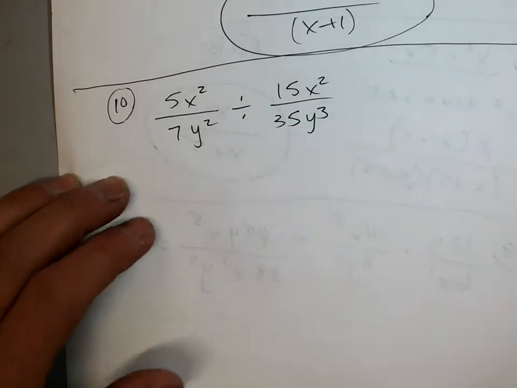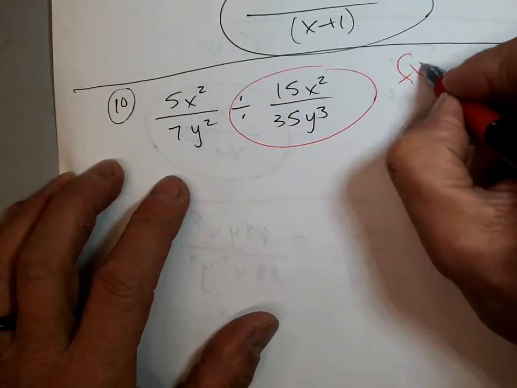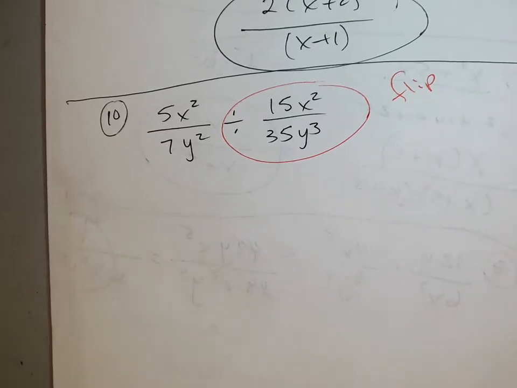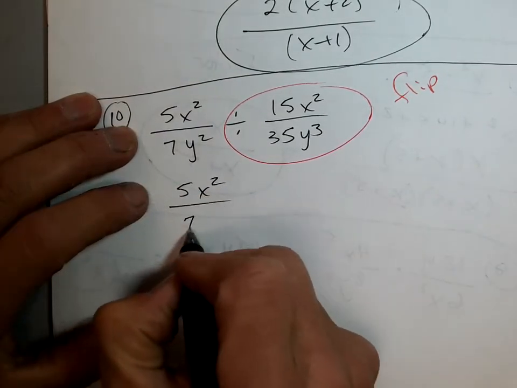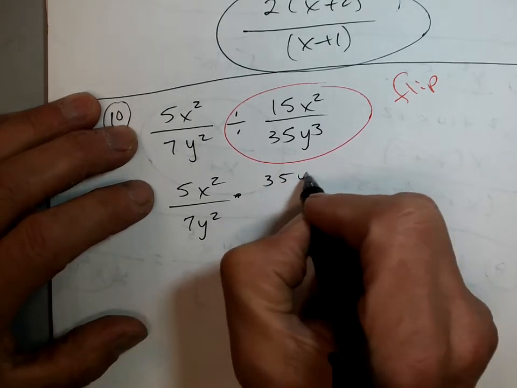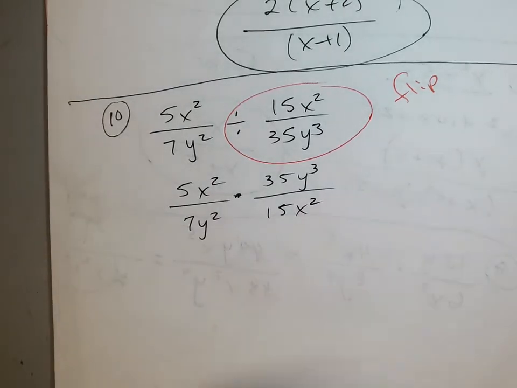Now, when we divide, we're going to flip. It's called invert and multiply, right? Remember that from middle school? Anytime you divide fractions, you flip it, right? So you invert and multiply. So what I'm going to do is go my 5x squared over my 7y squared times, and I'll flip it, okay? 35y cubed over 15x squared, okay?